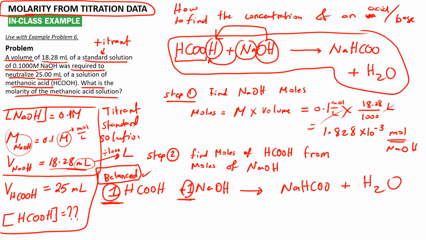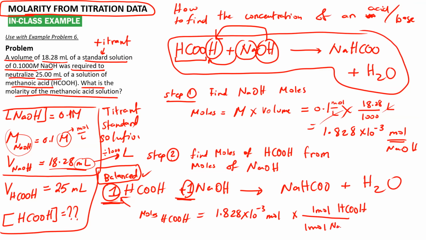So the moles of HCOOH will be 1.828 times 10 to the power minus 3 mole times, from the equation, 1 mole HCOOH over 1 mole NaOH.